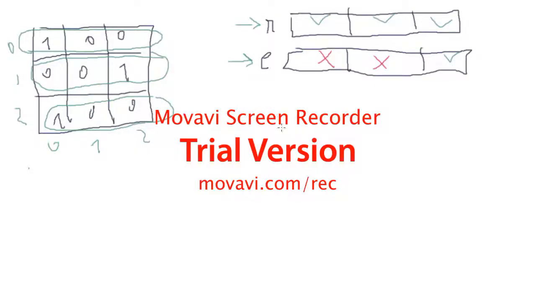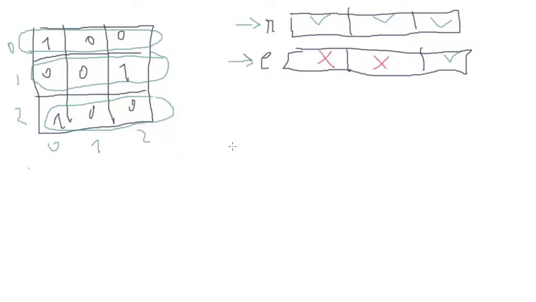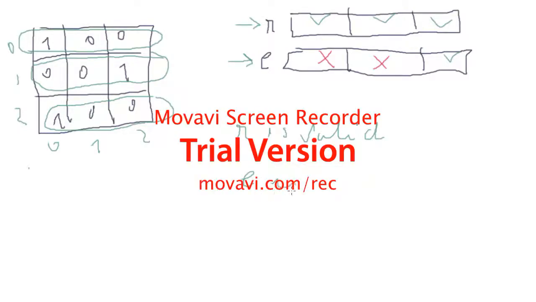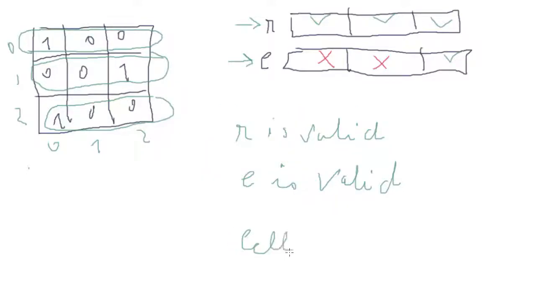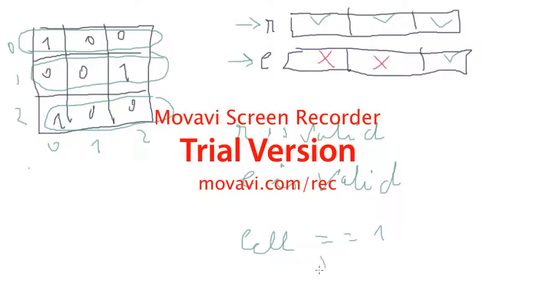So the condition is something like: if row is valid and column is valid and the cell of the matrix is equal to 1, then we find a special position.